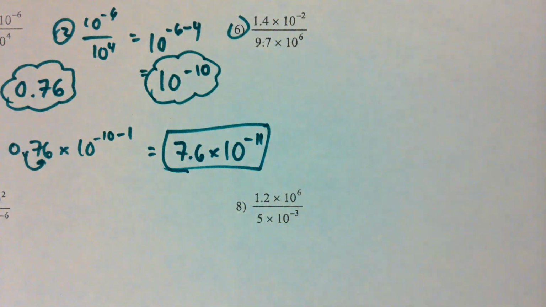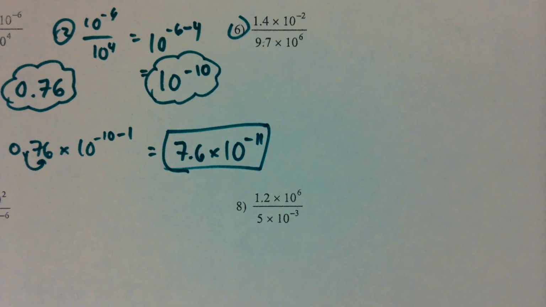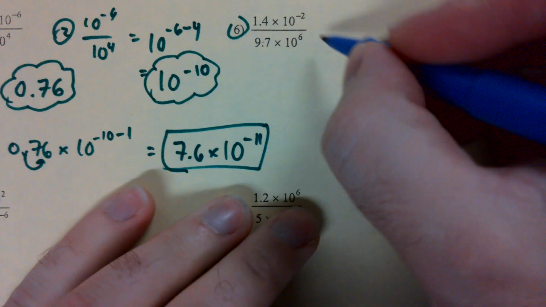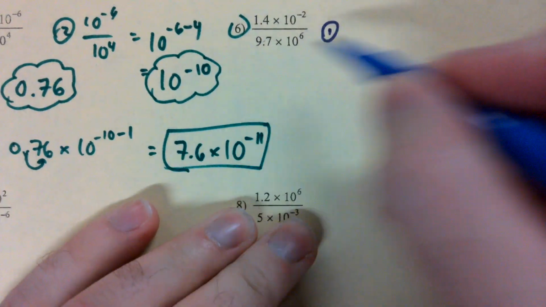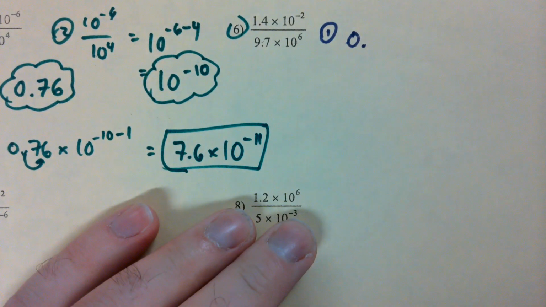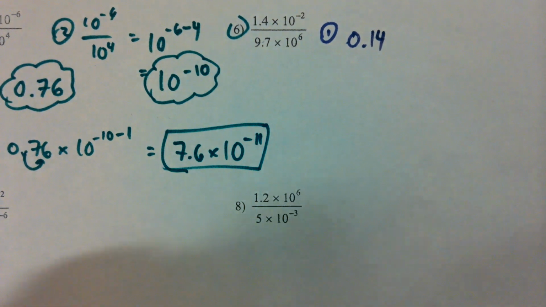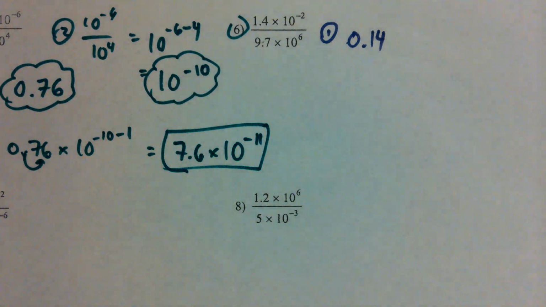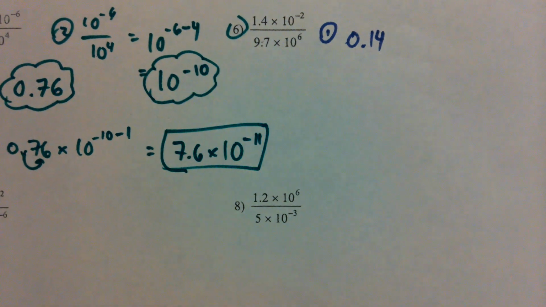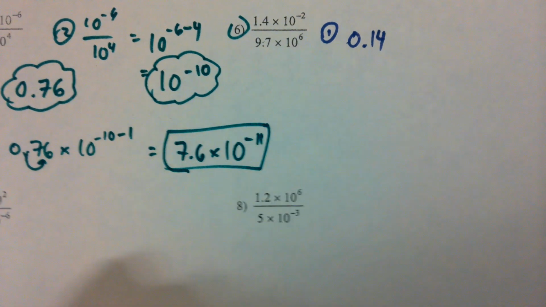Taking a look at number 6. Now, number 6, we get a really ugly answer for step 1. What's my answer for step 1? 0.14, and then it's like a 4, 7, 6, something. Just a bunch of random numbers. Whenever you get a bunch of those numbers, just cut it off after 2. Totally fine. Round up if you need to, but we'll cut it off right there.